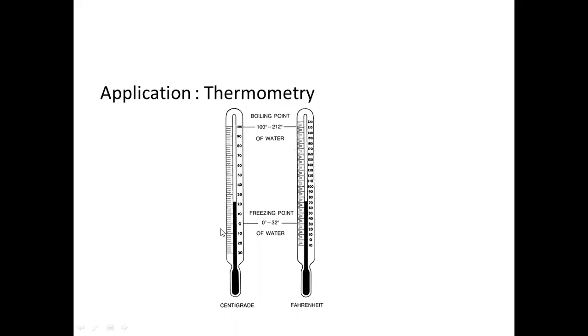When it is expanding, it will move inside this tube, which has a calibrated scale. It will expand until the temperature of the body is equal to the temperature of the mercury.